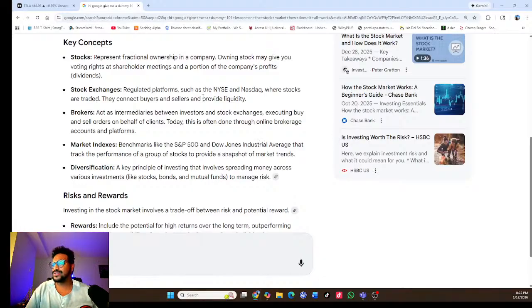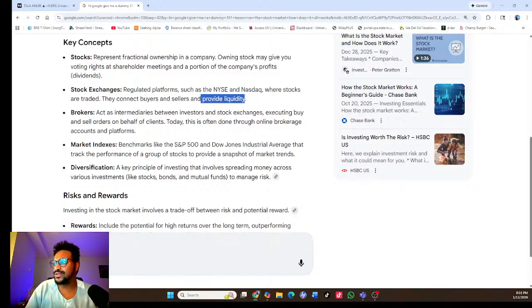Now, we'll get back to this whole provide liquidity situation because I found some interesting stuff earlier, right? Brokers act as intermediaries between investors and stock exchanges, executing buy and sell orders on behalf of clients.